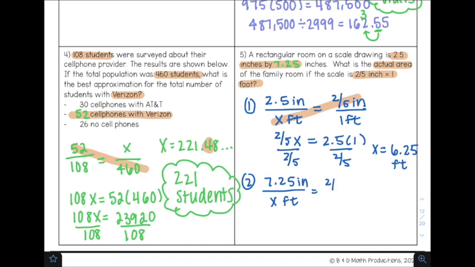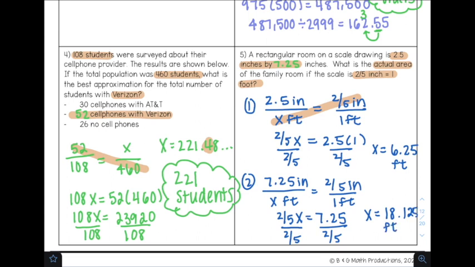Using the same scale factor, we're going to cross multiply. We'll get 2/5 x equals 7.25. You'll divide both sides by 2/5 and you're going to get x equals 18.125 feet.